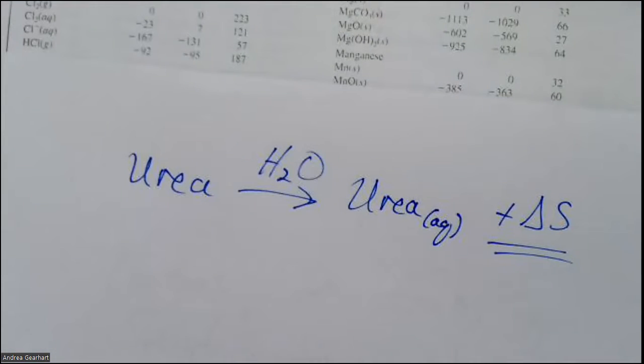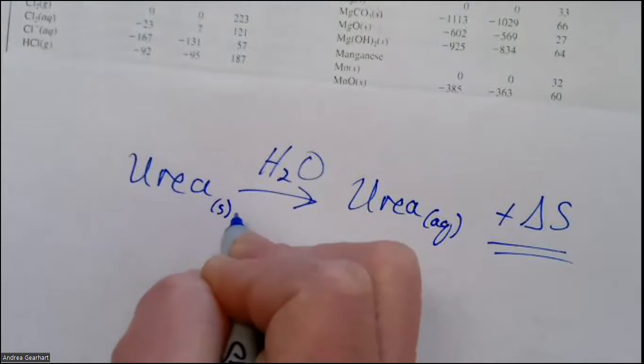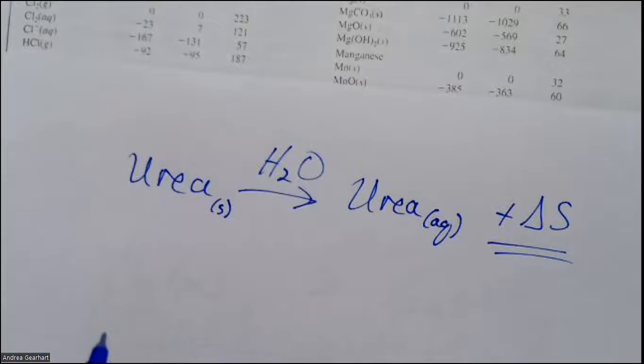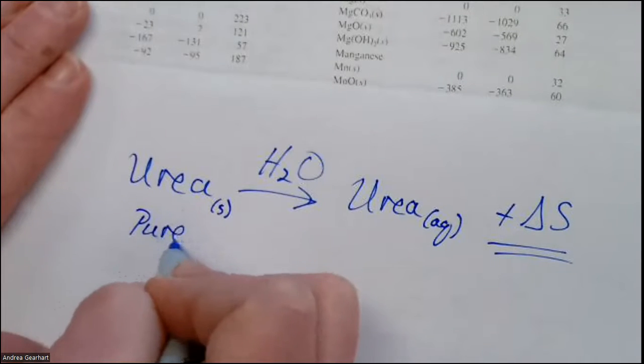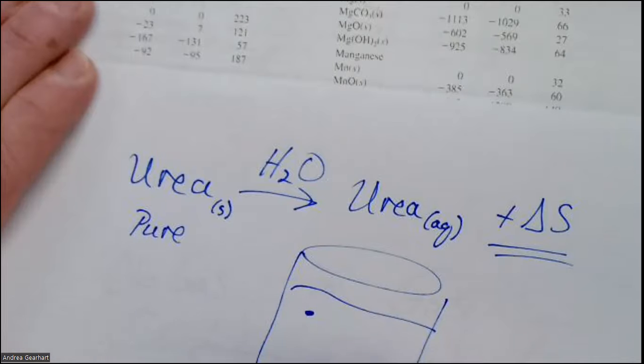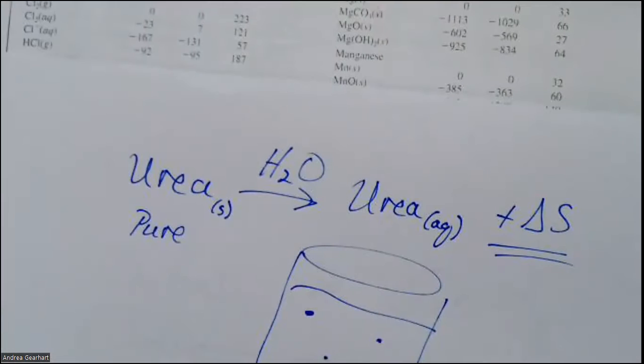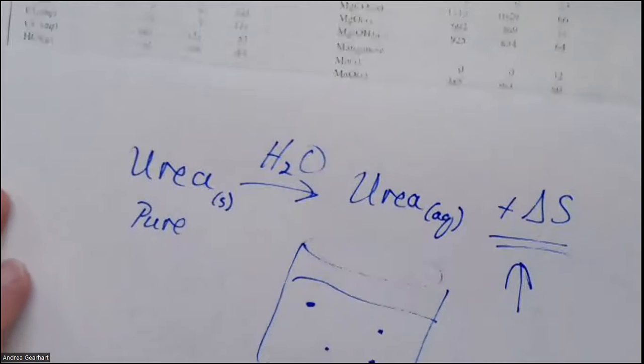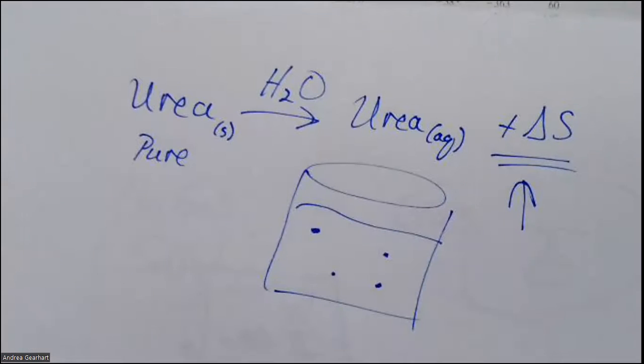Is it starting in the solid state? Well, no matter what, it's pure urea, and then it's going to be solvated and surrounded by water molecules. So what are our, not that there's magic terms, but there's correct terms. So why are we increasing entropy in that process?